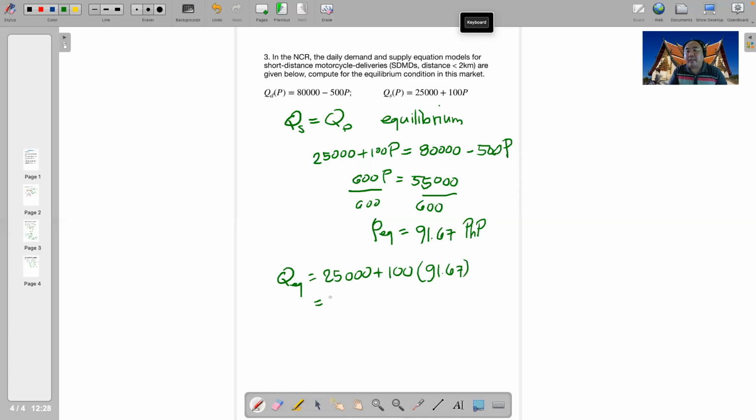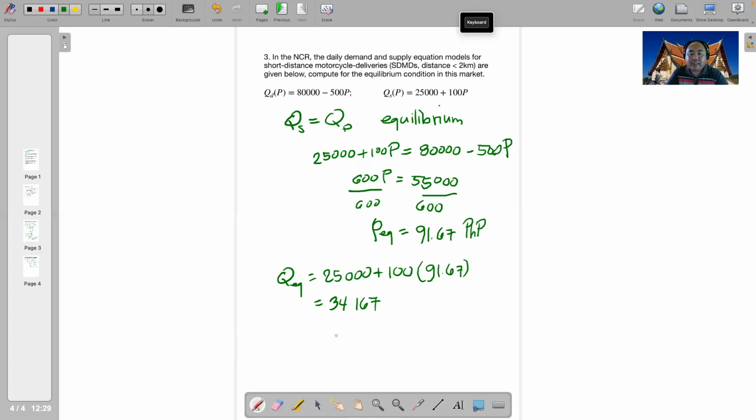Again, let's use our calculators because this is too large. 91.67 times 100 plus 25,000, and we get 34,167. We rounded this off because this is a rounded off answer, by the way.